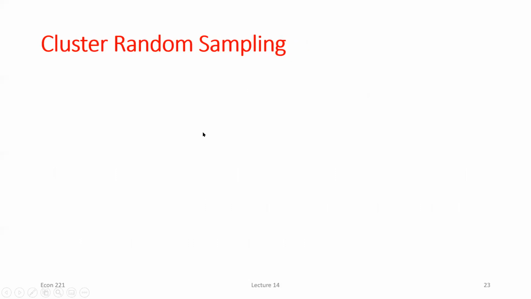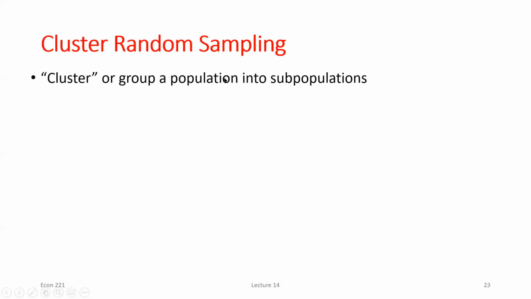We'll also use cluster random sampling. This is really the same exact thing, except we're going to be creating these clusters or subpopulations that look very representative of the population as a whole. Let me try to give an example that really gets at it. Maybe I'm just interested in income in big cities, right?